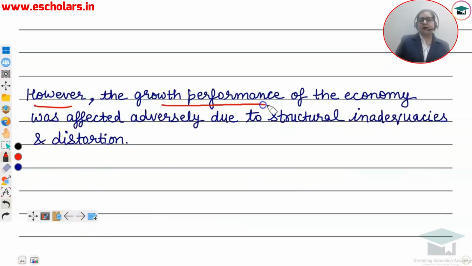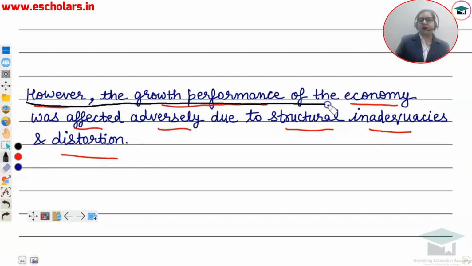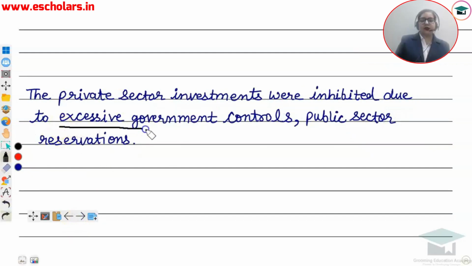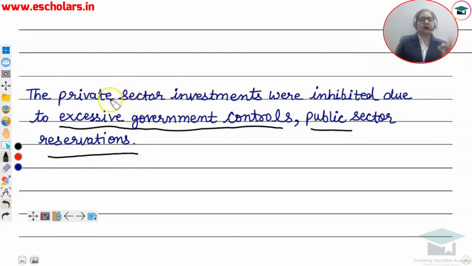However, the growth performance of the economy was affected adversely due to structural inadequacies and distortion. So let's have a look. However, the growth performance of the economy was affected adversely due to structural inadequacies and distortion. Next, due to excessive government controls and public sector reservations in certain industries, there is less incentive for the private sector to invest in the market.